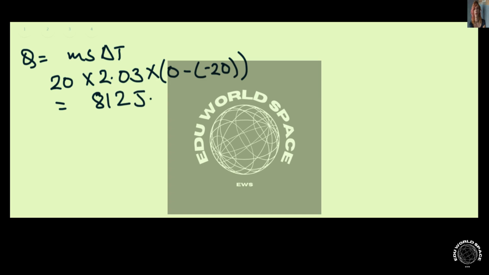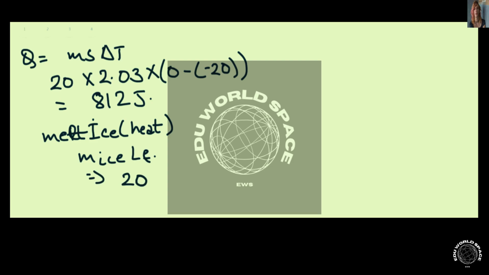Further, we need to determine the amount of heat required to melt the ice. So it will be mass of ice multiplied with LF.